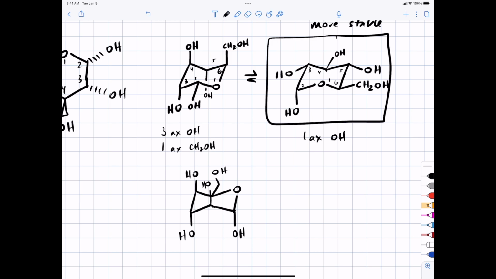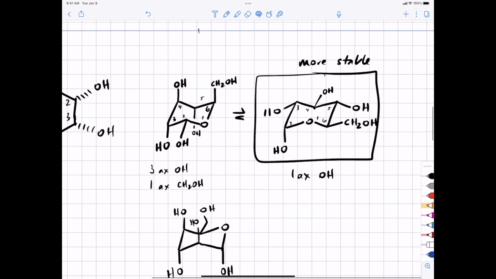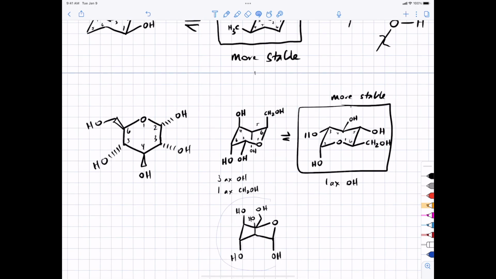I mean, you would just do the experiment and see. I think you can, to some extent, treat A values additively. So my gut response is that, yeah, 4 axial OH groups probably do overwhelm the CH2OH, but in the examples I will give you, it will be a pretty clear choice.